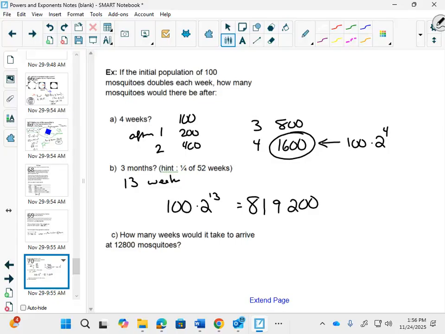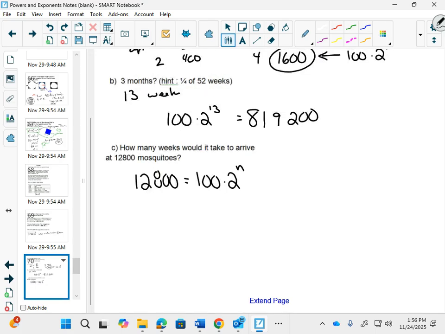Or you could say, this is my formula, and it has to equal this. With the formula, I could divide both sides by 100, and then I would get this. It's not going to take you too long to try a number before you get an answer that works.